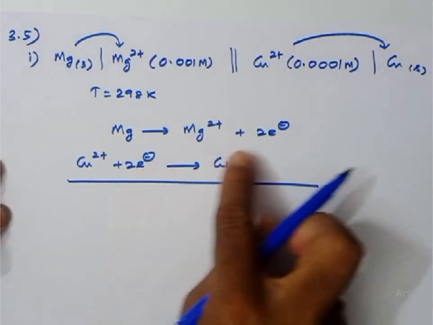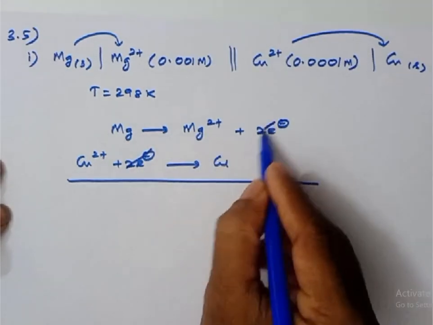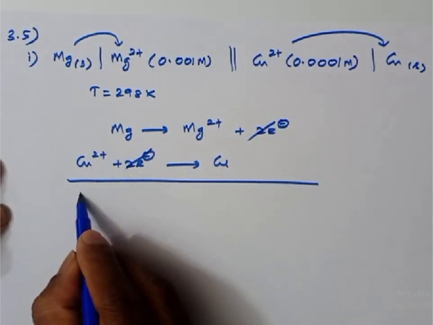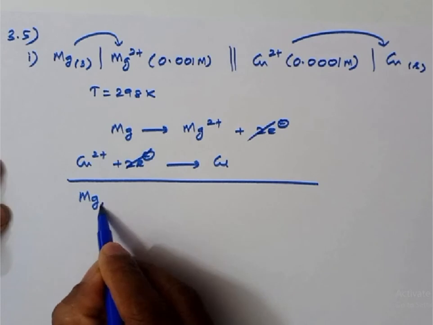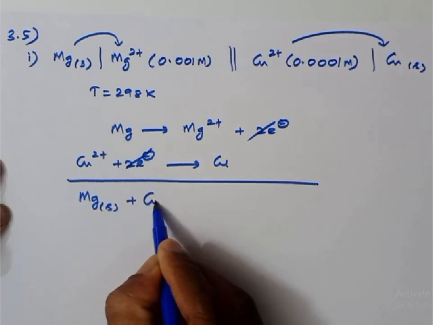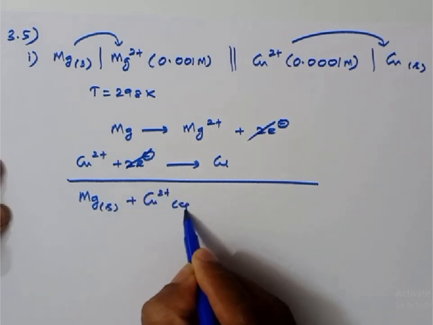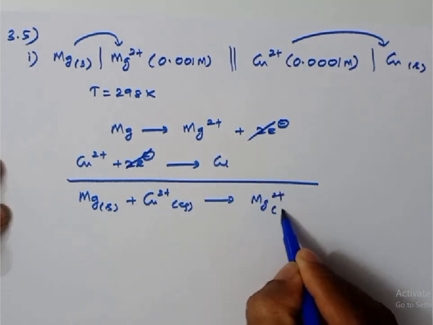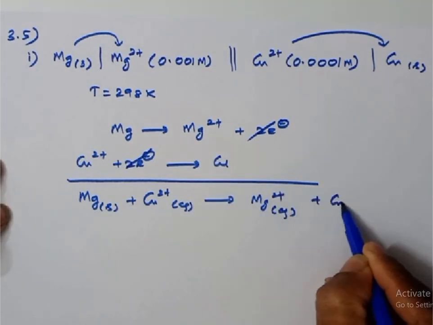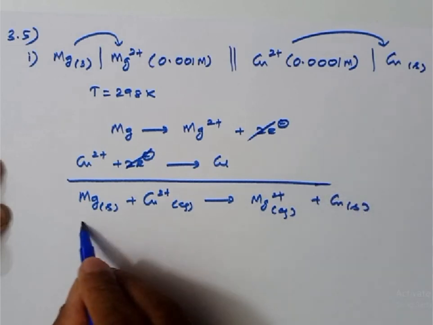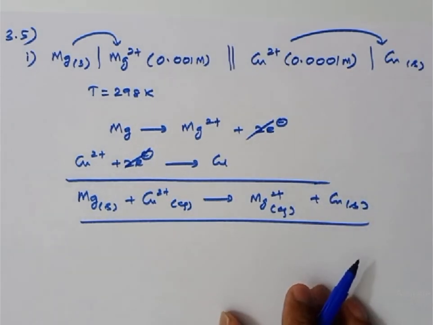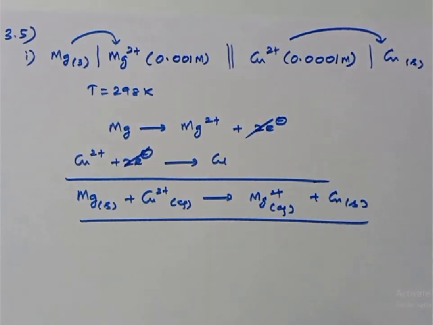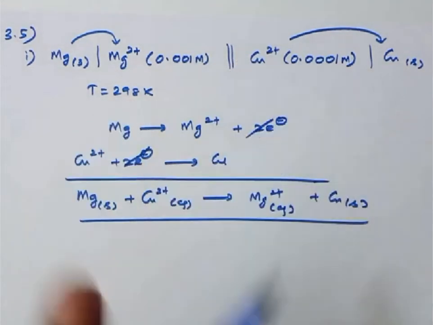Since the number of electrons are equal, you can write the overall reaction directly: magnesium solid plus cupric ion aqueous giving magnesium ion aqueous and copper solid. So this is the cell reaction occurring in this cell.